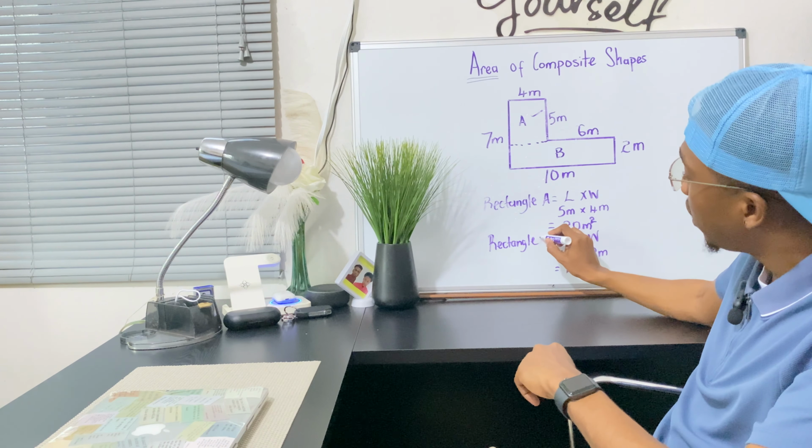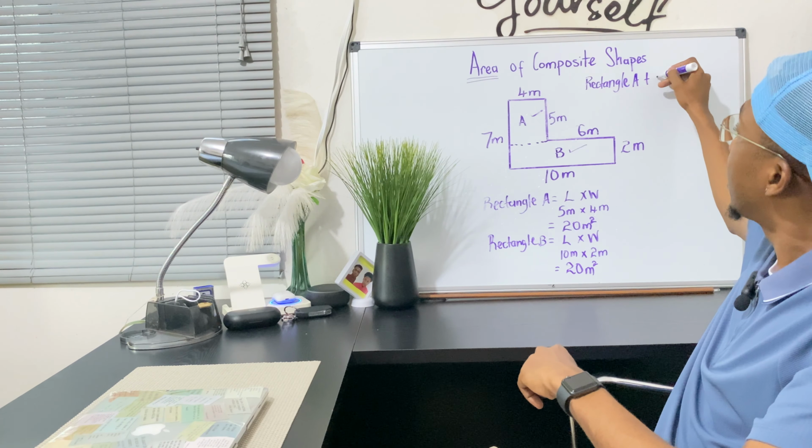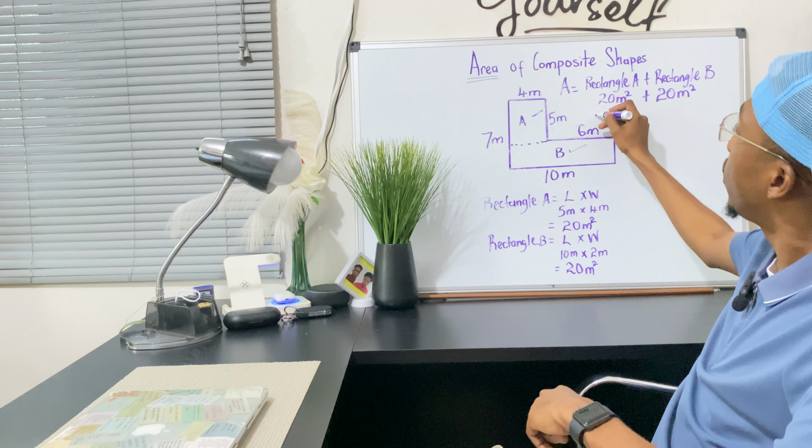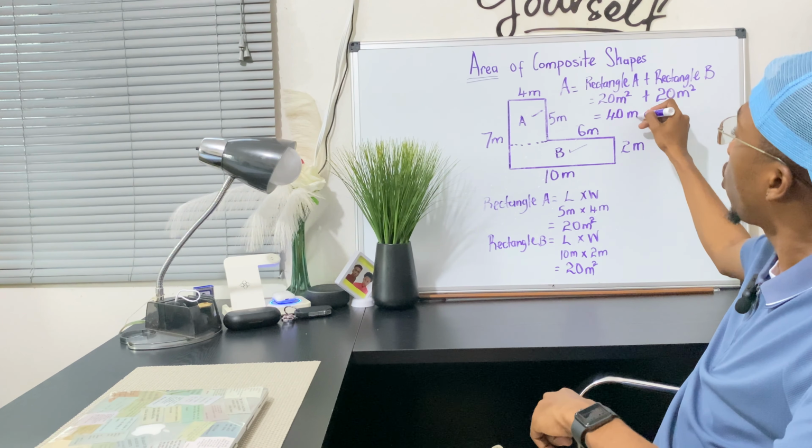Rectangle A plus rectangle B. So the area is now equal to rectangle A plus B, which is 20 squared meters plus another 20 squared meters, and we know 20 plus 20 is equal to 40 squared meters.